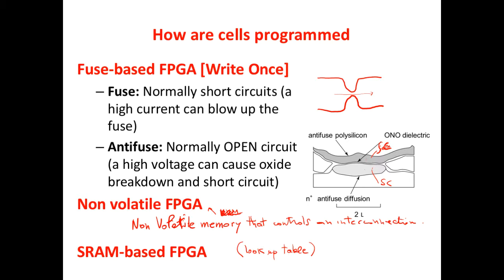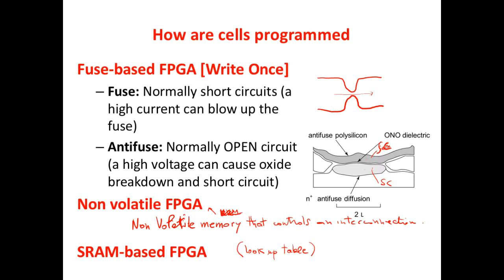You should consider that we need to program a piece of hardware. So how do you program a piece of hardware? You need to, let's say, decide by software if an interconnection is present or it is not present between two logic gates, for example.